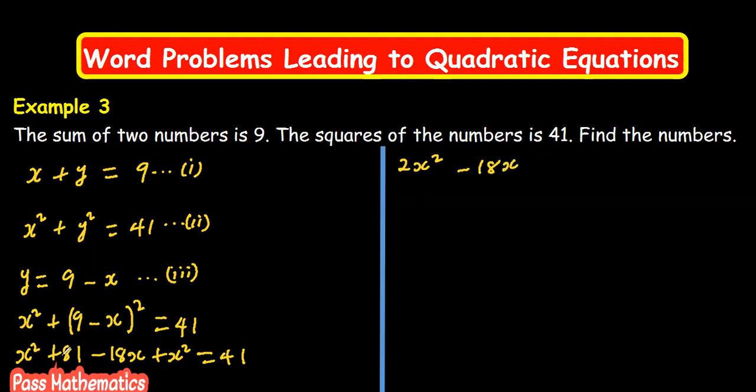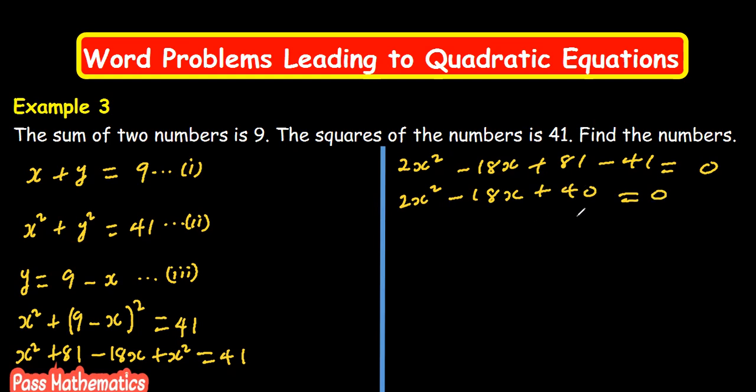And then we have plus 81, so minus 41. Now this crosses the equal sign, changes to minus sign, so equal to 0. So we should have 2x squared minus 18x plus 40 equal to 0. So this is the quadratic equation that we need, and then we can factorize it.